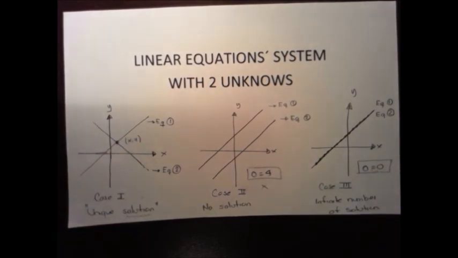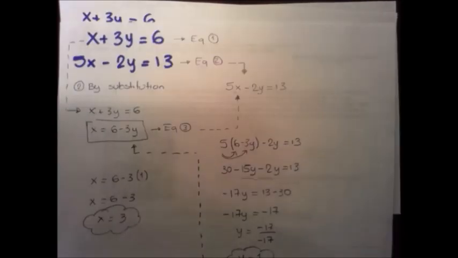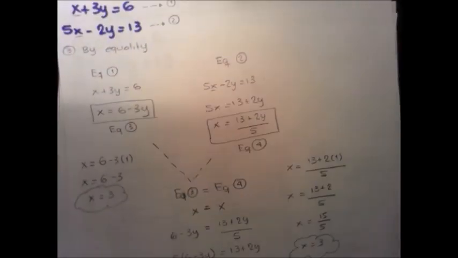So it's very important that you know how to interpret every case and how to approach every case using the methods. All right, which methods? I'm talking about elimination, substitution, and equality, and finally confirm with the graphic method.